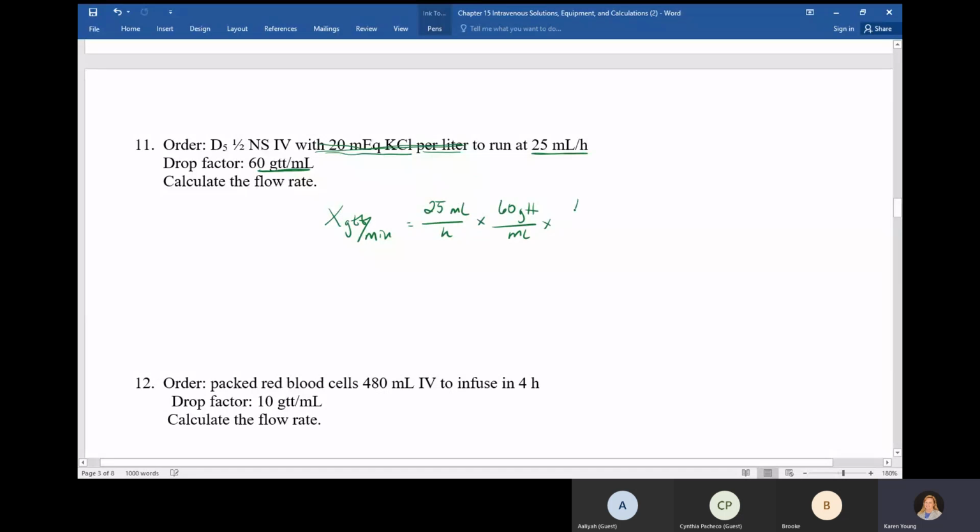Since that's hour, I've got to do 1 hour, 60 minutes. So my milliliters cancel, my hours cancel, and my 60s cancel. And that's going to leave me with 25 drops per minute.